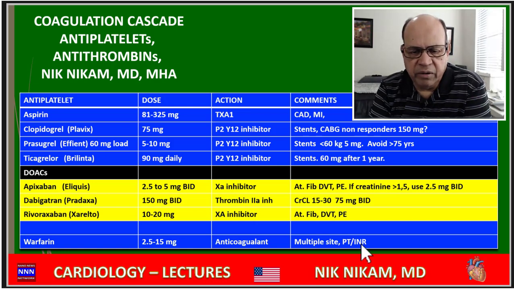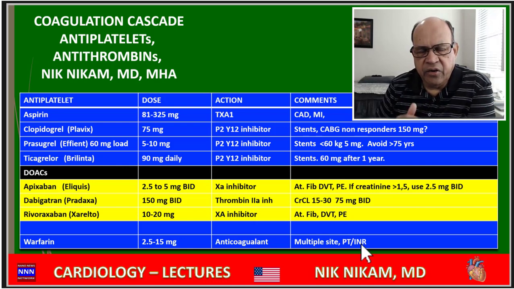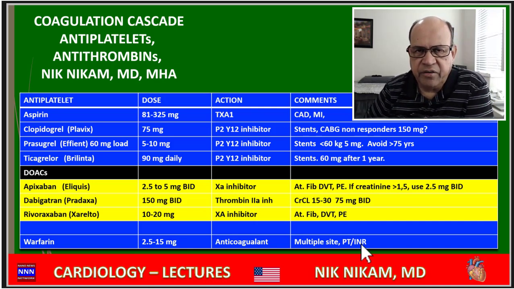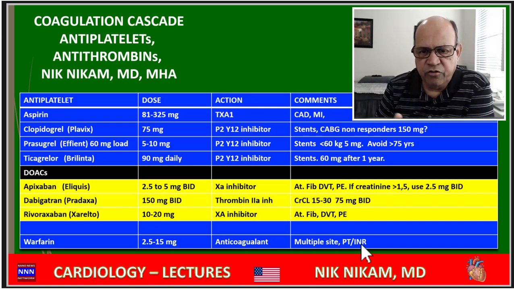An important thing to keep in mind is that these patients are prone to bleeding, especially if they are on other antiplatelet or antithrombin agents. For example, let's take a patient with atrial fibrillation and coronary artery disease who goes for a coronary stent.